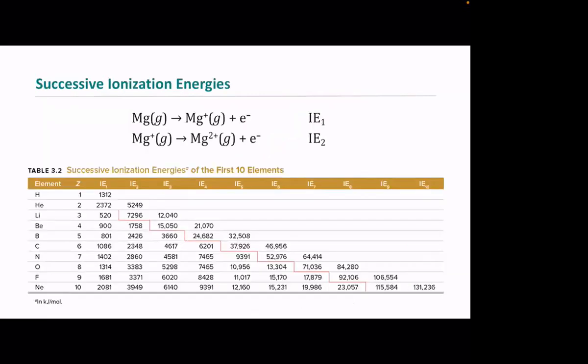And when you look at the numbers, oh, heck, I picked one we didn't do, magnesium. That's all right. We could do beryllium. It pulls off the first one, 900. It about doubles to 1,800, right? And then look, 15,000. And these are in kilojoules per mole.